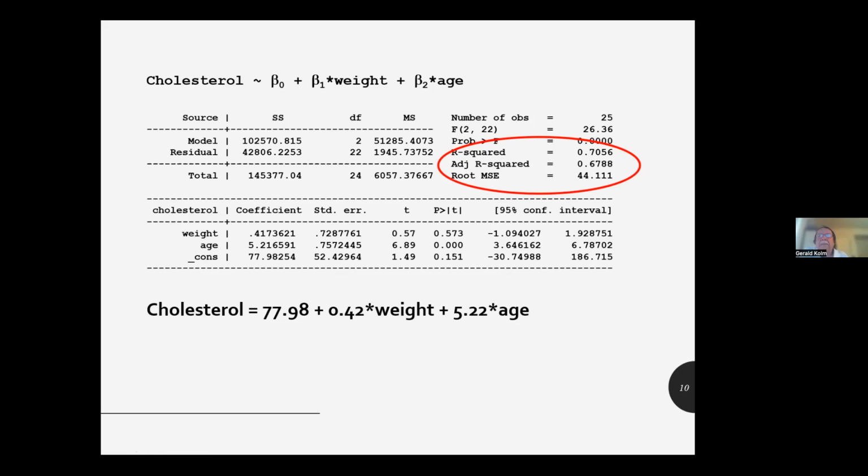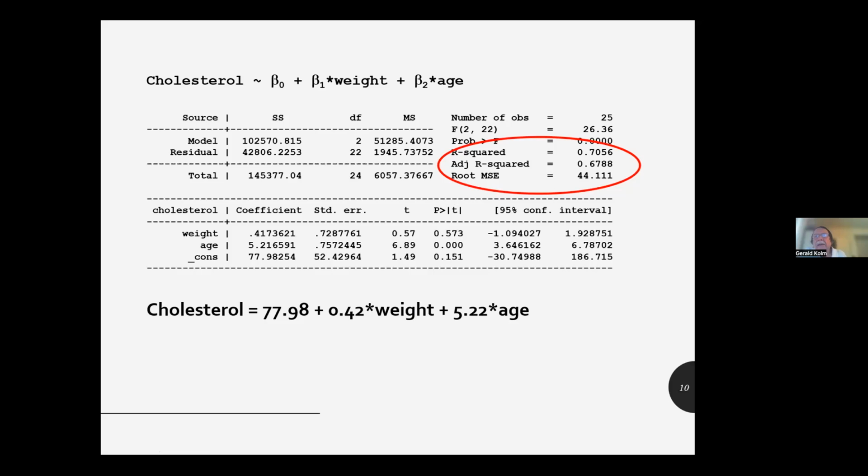So if this R squared had gone up to 0.8 instead of 0.7, then weight would have been having a real impact on our prediction of cholesterol, and we would have probably found a significant p-value here for the regression coefficient and kept weight in our model.